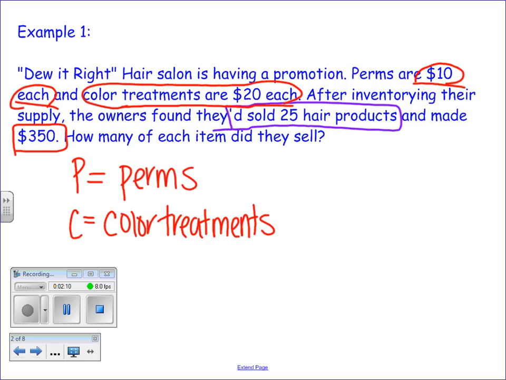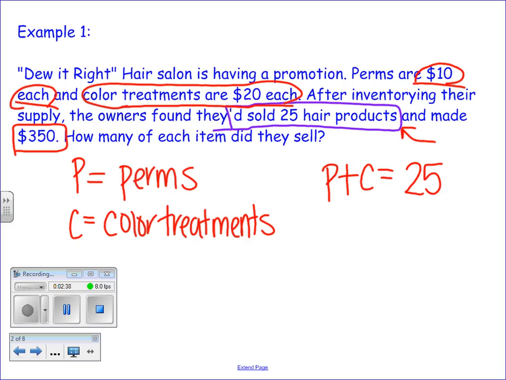Now keep in mind, we're creating a system, so we need two equations. The first thing I'm going to do is use this information right here. They sold 25 hair products. So I know that consists of my perms and my color treatments. If I sell some amount of perms and some amount of color treatments, together I'm selling 25 products.